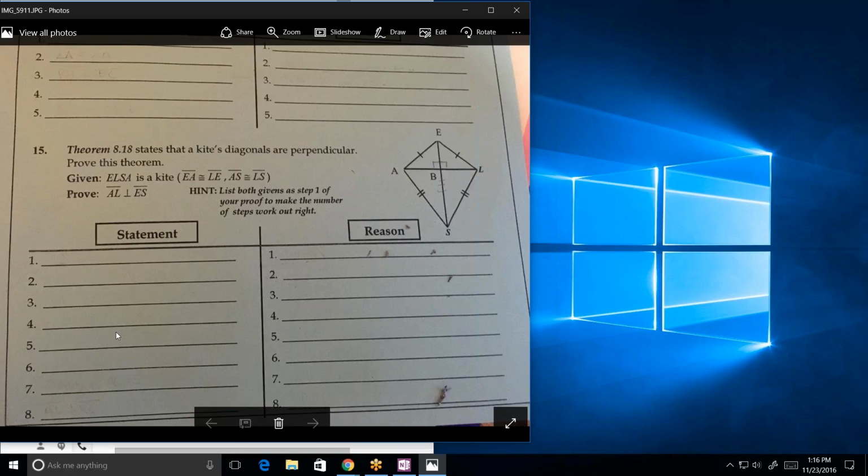SSS. Statement 5. If these two triangles are congruent, what is true about these two angles?